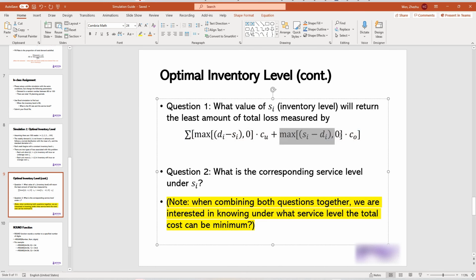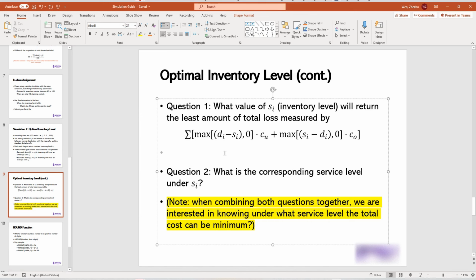So this part captures the total overage cost. You will see that in each week, only one of the two components will be activated, because you can't have both scenarios happen at the same time unless you have a D_I exactly the same as S_I. In that case, everything is 0, which is a perfect scenario.